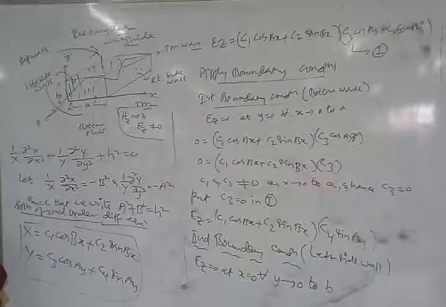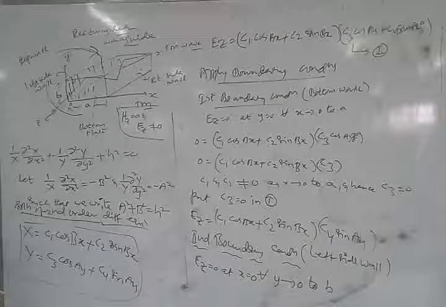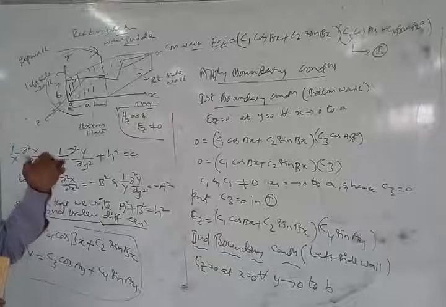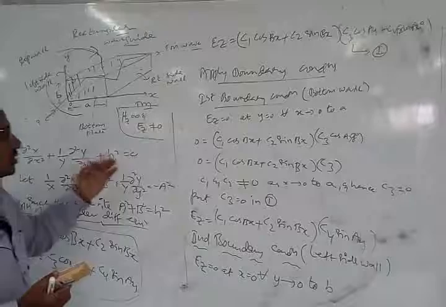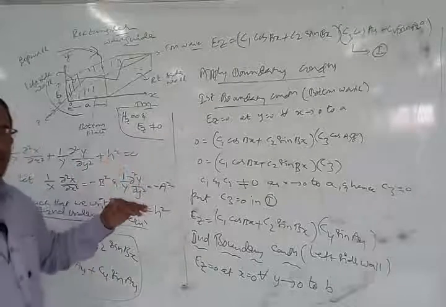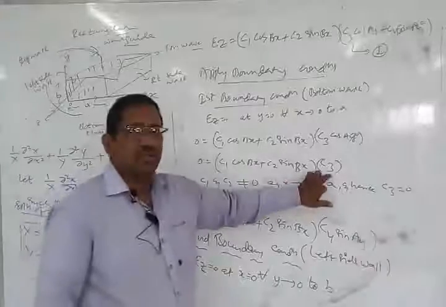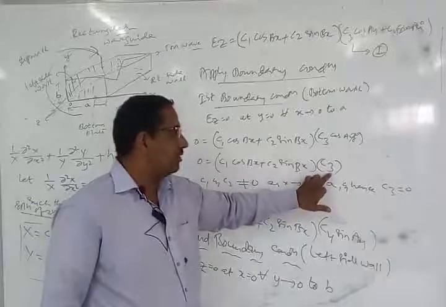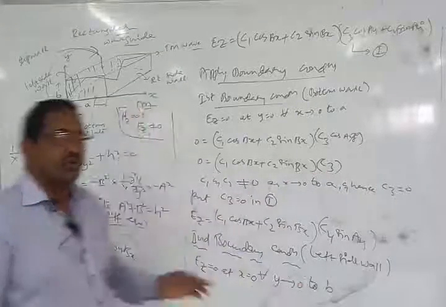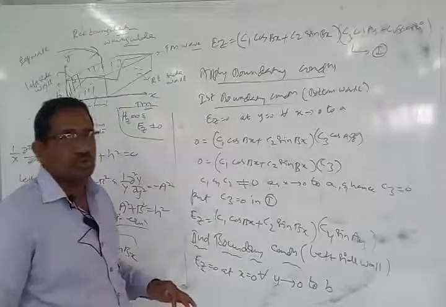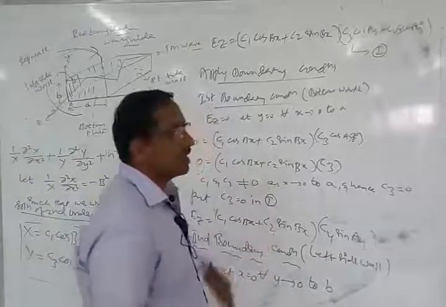That means we have to substitute x equal to 0 in the previous equations. Already we have got the coefficient value C3 equal to 0. So we substitute both of these in order to get the equation.